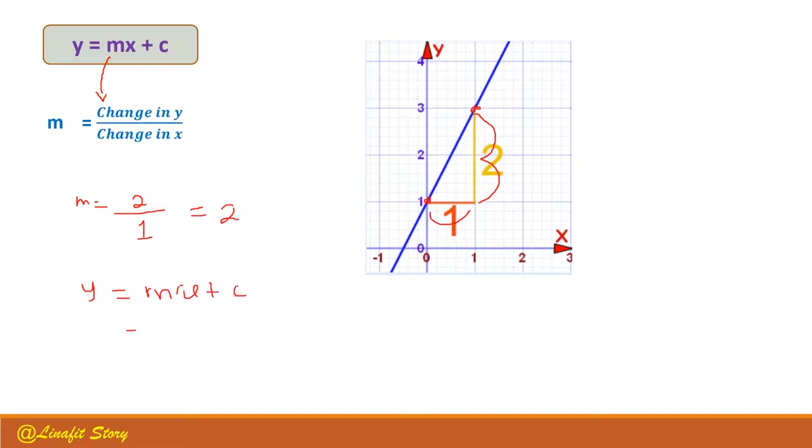The gradient is 2. So 2x, and then we will find the y-intercept. The y-intercept is 1. So y = 2x + 1.